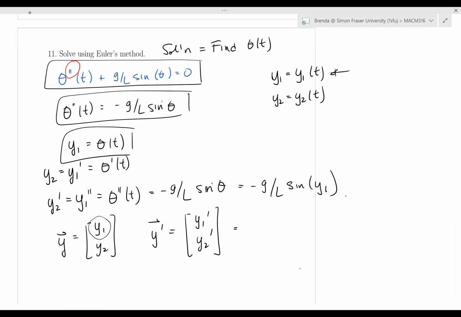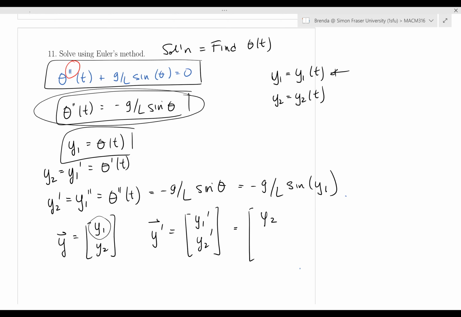And what is y1 prime in this example? In terms of y, what is y1 prime? Well, in terms of y, right? My differential equation started out as a second order differential equation where my function has been labeled theta. y1 prime is y2.